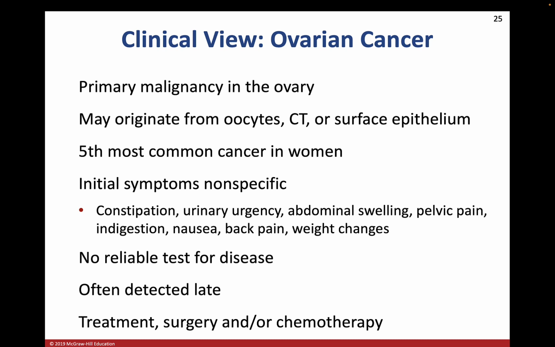So there are many, many things that can cause these symptoms. Once again, this is one of the reasons why it is very difficult to detect ovarian cancer early on, when the prognosis for treating it is actually quite good. Also, there are no reliable tests or screens for ovarian cancer, and that is why it is often detected late. Typically, the treatment involves surgery and/or chemotherapy.